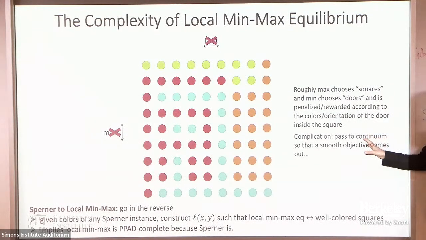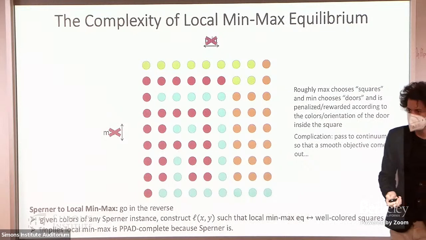We have to do a lot of work to take a discrete construction and map it to a smooth objective function in high dimensions. Doing smooth interpolation in high dimensions is not as easy as you may think. Smooth, like Hessian Lipschitz? Just gradient Lipschitz. Yeah.